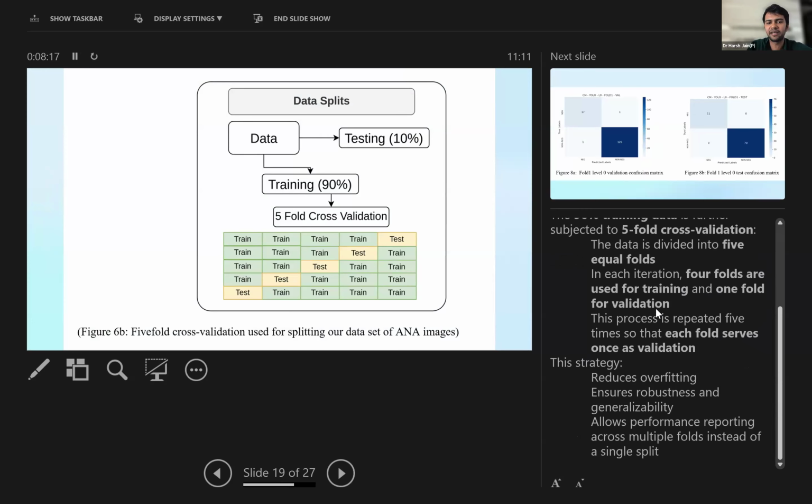Otherwise it will do very well on the training data set because it has already seen those images, but it will perform very badly on samples which this AI, that is the CNN, has not seen. So it is very important to do a 5-fold cross validation so that it has seen all images and has been tested on all images.